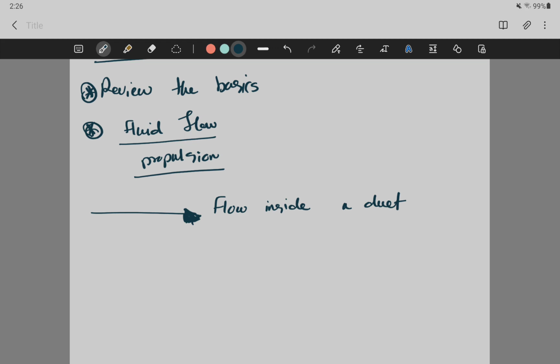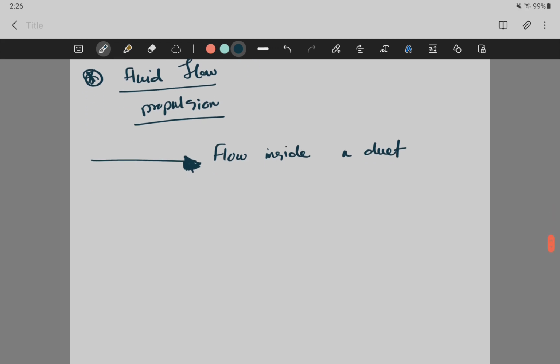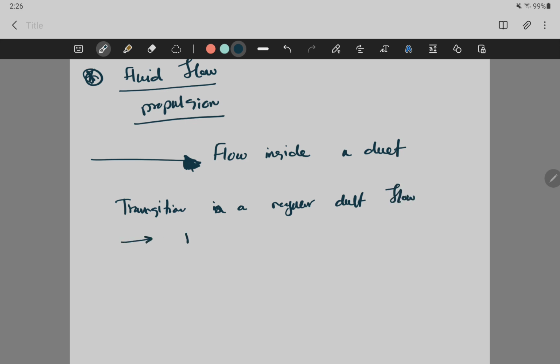You haven't studied this, right? That was the answer I was looking for. So the transition here in a regular duct flow happens at Reynolds number of 2300.